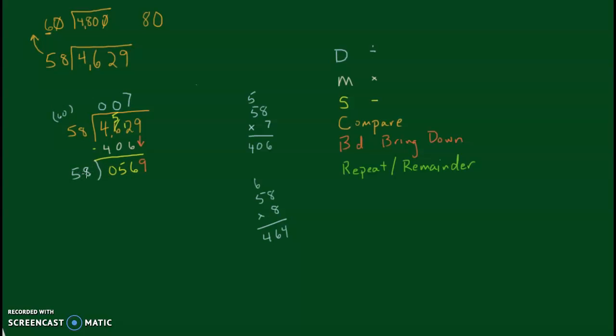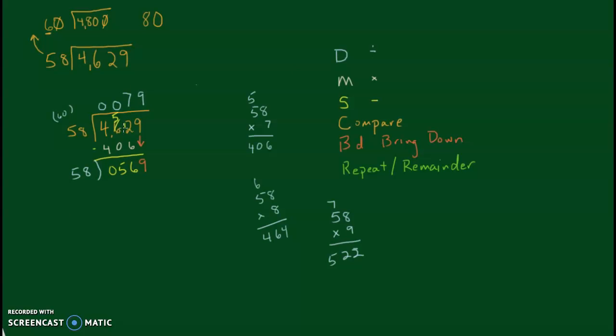So I'm going to try 58 times 9. 8 times 9 is 72. 5 times 9 is 45, plus 7 is 52. So that's 522. So 569 divided by 58 is 9.